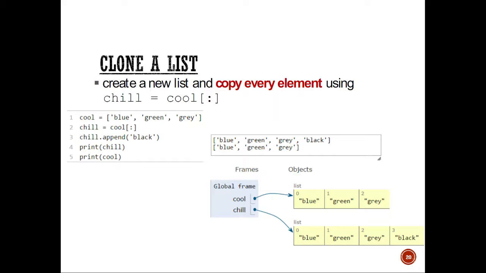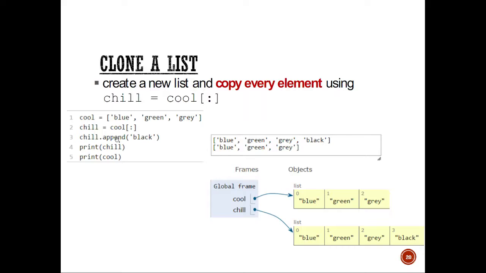That's why if we want to make a copy of an element within a list to another location, we use this operator. In this case, we actually create a new list and we copy every element in it. So for example, here we define the list cool to be blue, green, gray. Then we create another variable that makes a copy of the list cool.